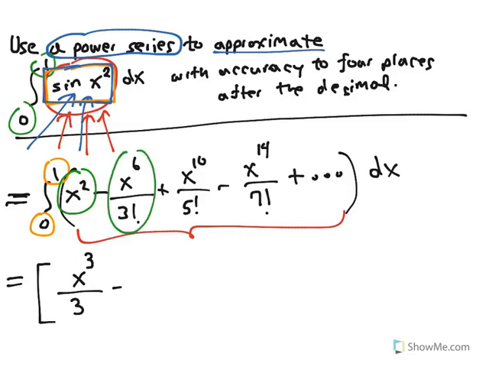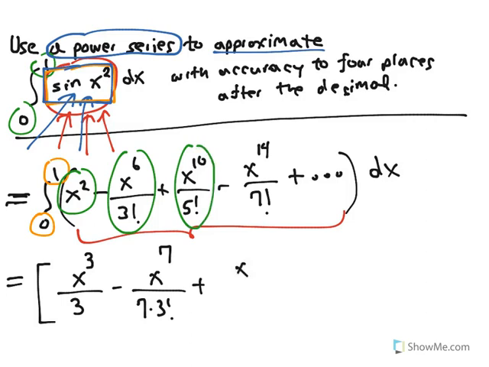So you're going to add 1 to the exponent, so you get x to the 7th, and divide by the new exponent of 7. And you have the 3 factorial that was in the denominator to begin with. And you do the same thing with the remainder of the terms.